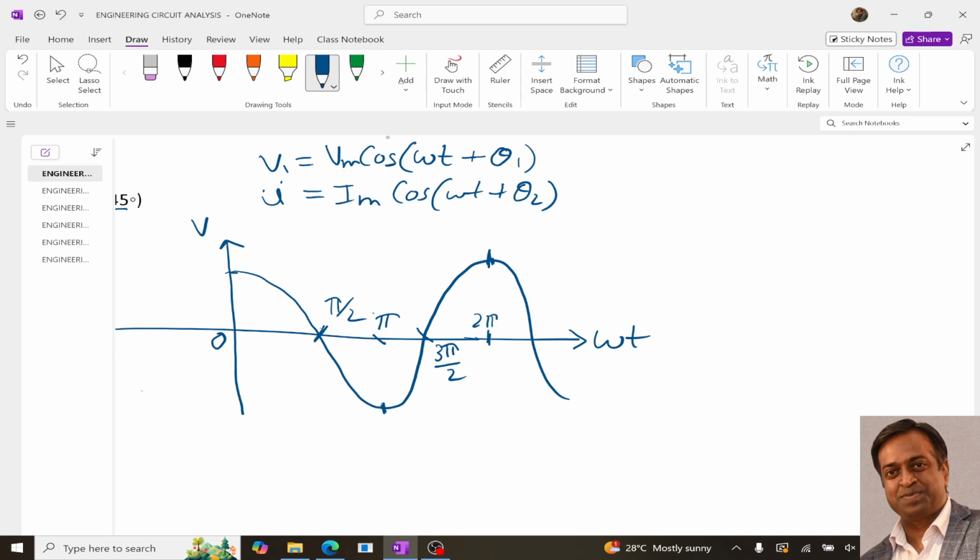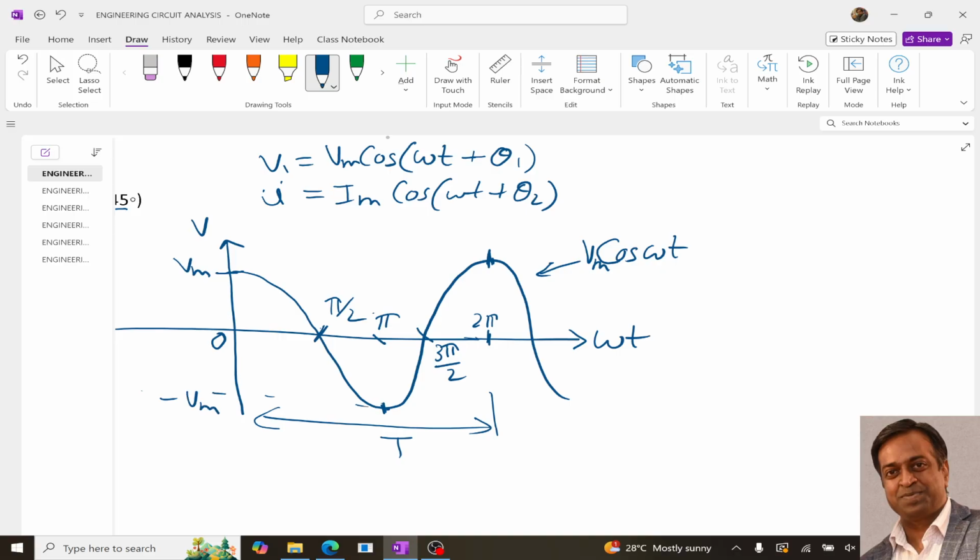So from 0 to 2 pi one cycle is completed. This graph is for Vm cos omega t, so this is the maximum Vm and this is minus Vm.